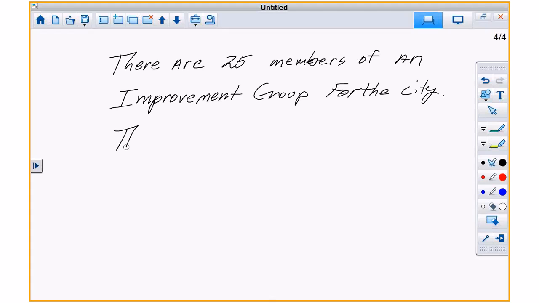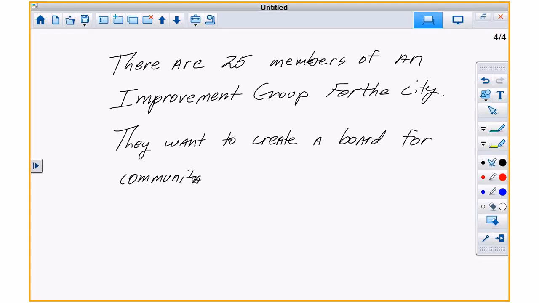They want to create a board for communication with county council. I'm just making this up. I don't know how to spell council. Is that right?